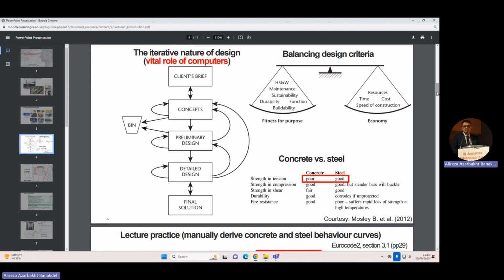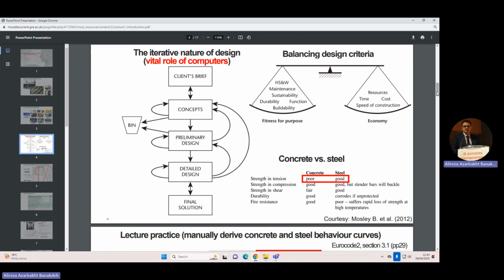For example, it's better to have a concrete design for this project because it's in a humid area and corrosion is a problem. Then you need to come up with some preliminary design. You had it in structural design. Okay, the columns are probably this size, the beams are probably this size.